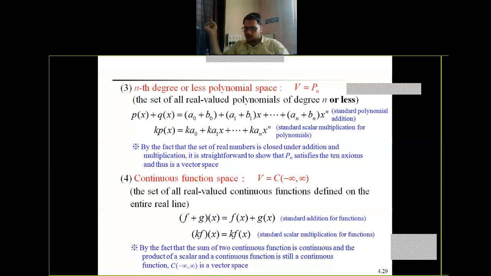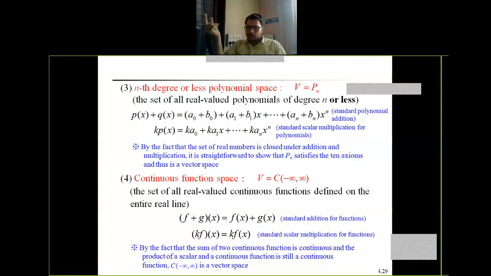So we will say that this is closed under vector addition. Next, we multiply any function f of x from this continuous function space by any scalar k. Since we have defined the continuous function on the entire real line, multiplying with any real number keeps it on that number line itself, since this is a continuous function.